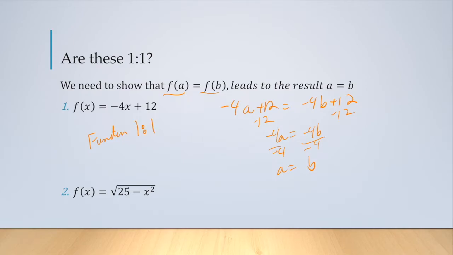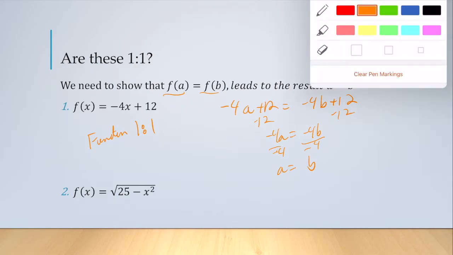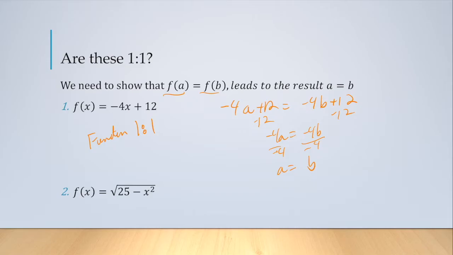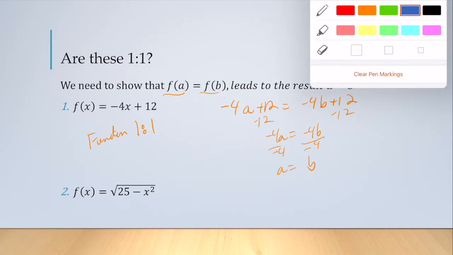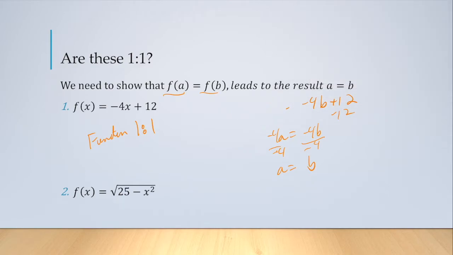For problem 2, I have f of x is the square root of 25 minus x squared. Let's solve that in blue and give myself a little more room. Again, I'm going to prove that f of a equals f of b will take us to a equals b. That means it's one-to-one, right? There's only one possible x value for each y value.